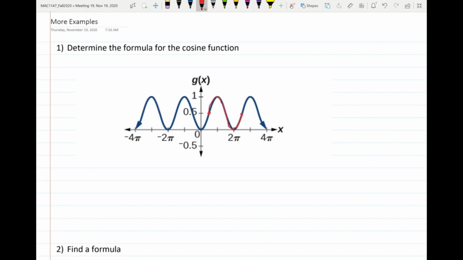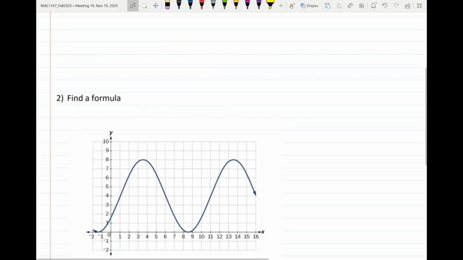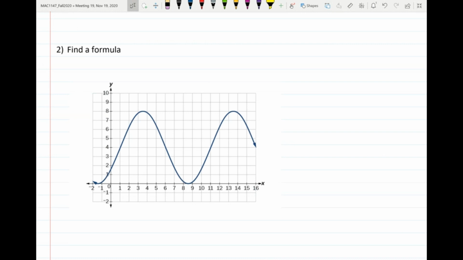But technically you can think of it as being a sine function if you like. But here the problem is telling you to think of it as a cosine function, so we don't have to make that decision. The one below, we will have to make that decision because it just says find a formula.